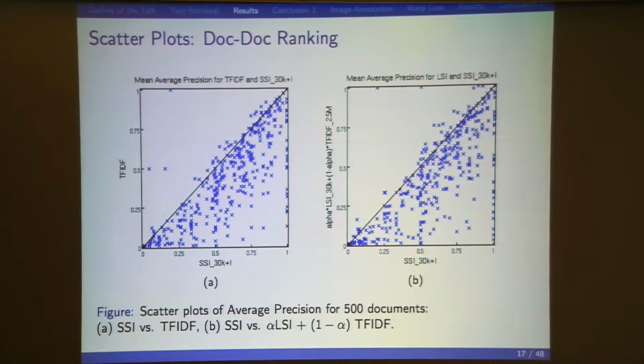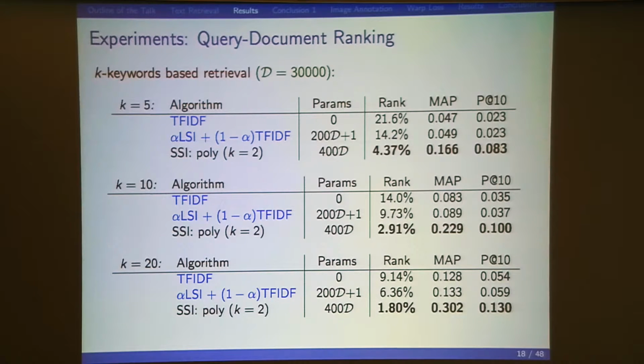You can see the improvements are across the board, across pretty much all queries. And this was the keyword-based experiments. Again, the same kind of results. Everything's worse, like the ranking loss is worse, but the order of the algorithms is basically the same.